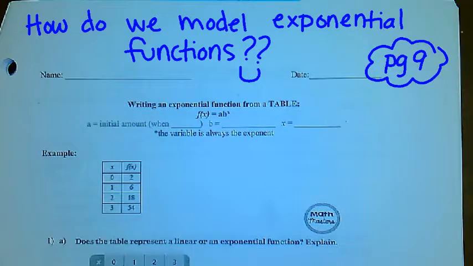So a is our initial amount. We're going to start out with a being equal to the value when x will be equal to 0.